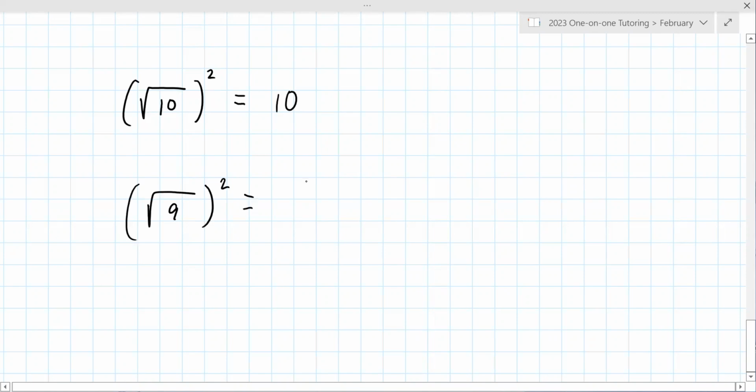It's 9, because the square undoes the square root. What is the square root of 30 squared? That's 30 again. How about the square root of 1 squared?